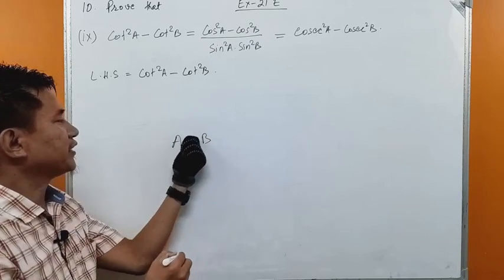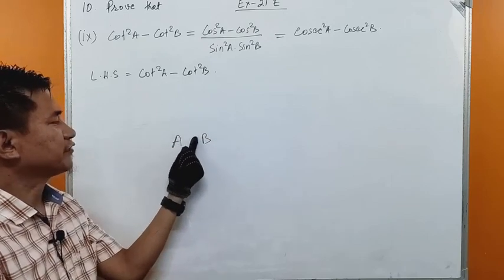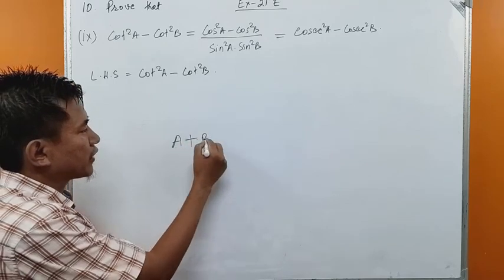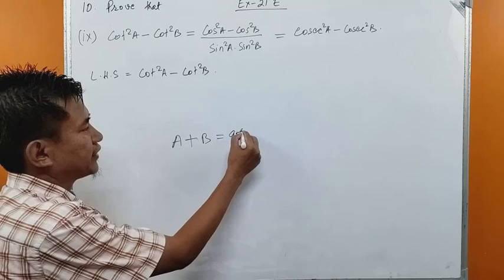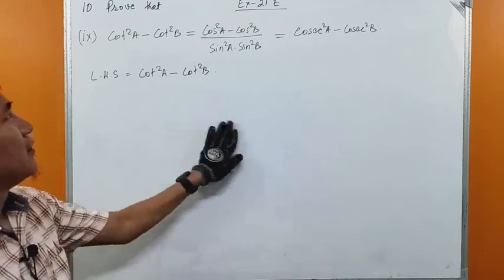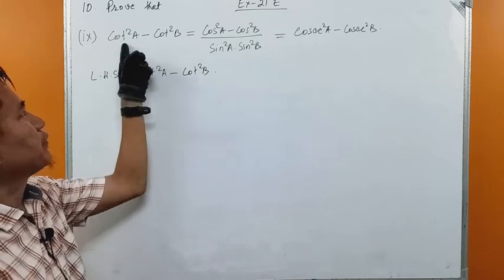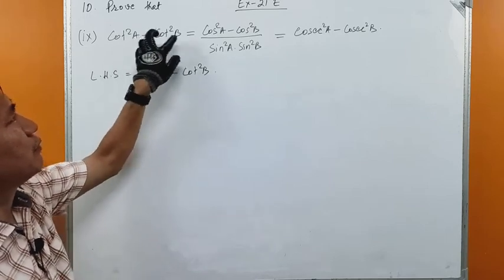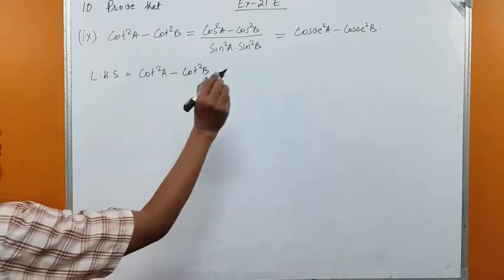If A and B are complementary angles, then sum of these 2 angles should be equals to 90 degree. But in this case it is not given that A and B are complementary angles. So we cannot consider A and B as complementary angles. So let's solve as it is.